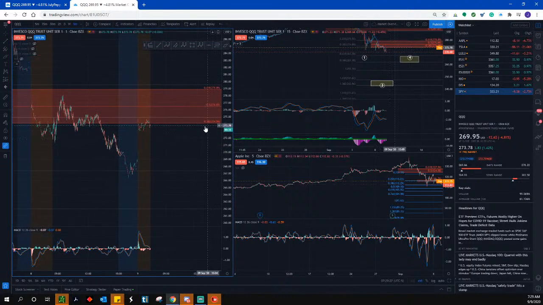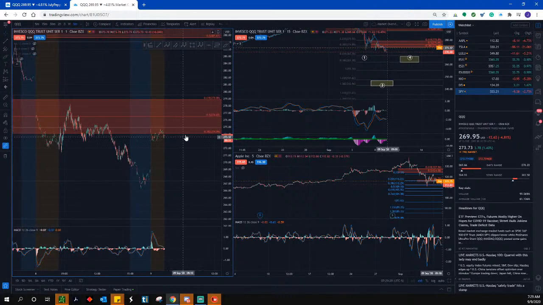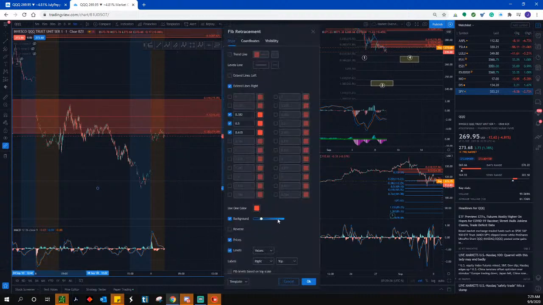Like I said before, 382 is a very important level too. These damn markets like to hit the 382 and come right back down or go the opposite direction, just like the SPY did when we played puts.